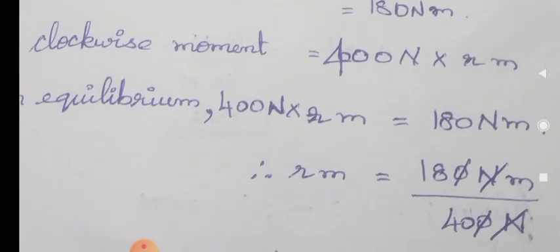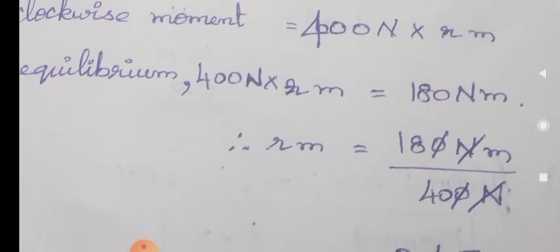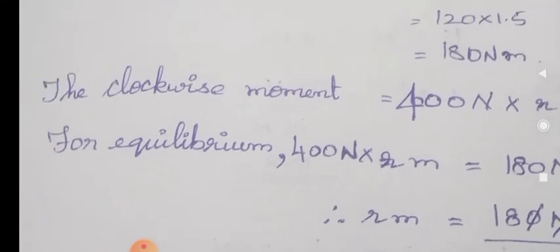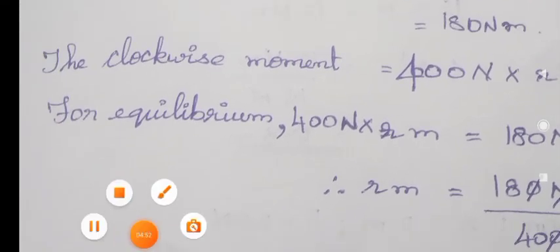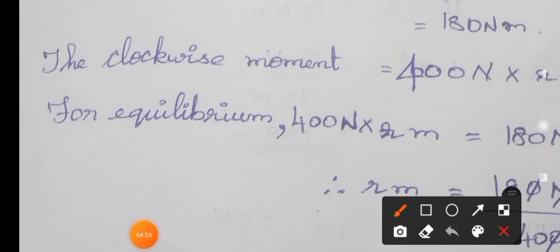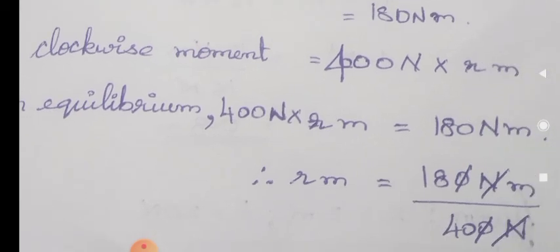By applying the formula F into R, 400 into R. We know that for rotational equilibrium, both clockwise and anti-clockwise moments should be equal. So on applying this concept, 400 Newton into R meter is equal to 180 Newton meter.